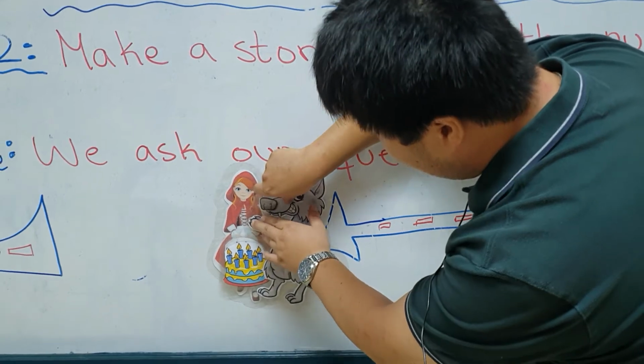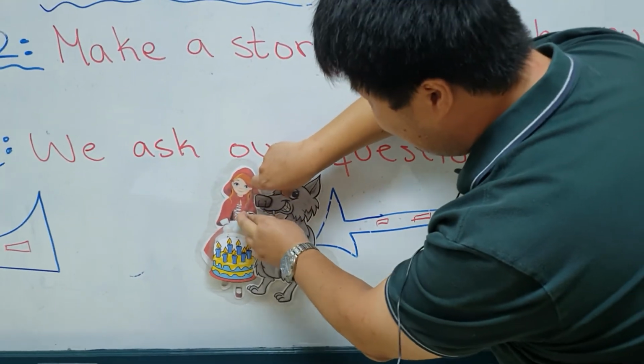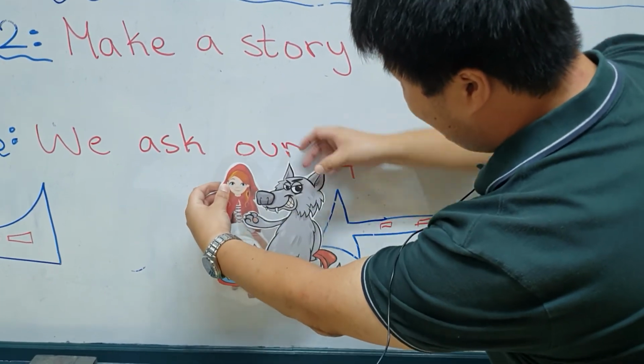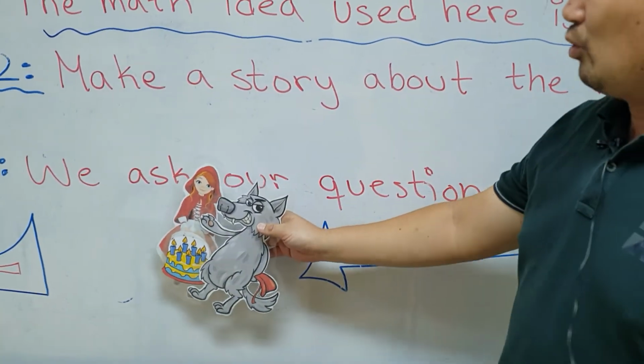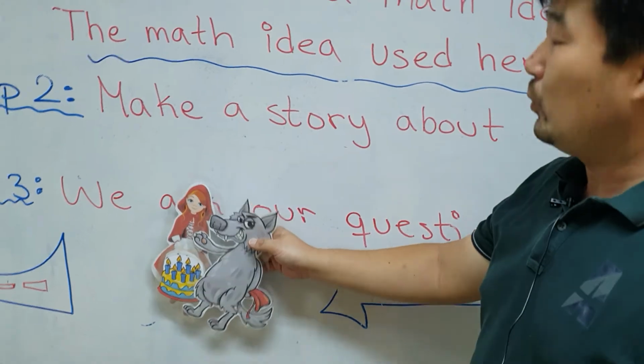So they started to walk together. They were holding hands and walking and talking and whistling.